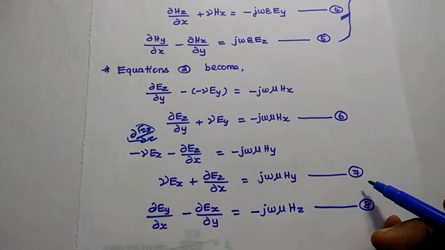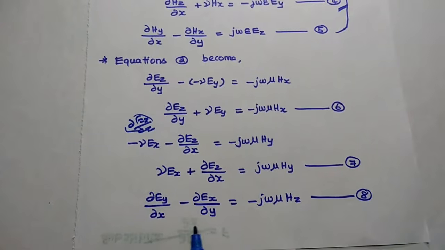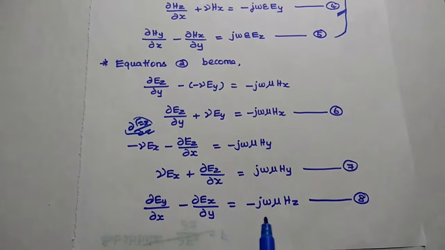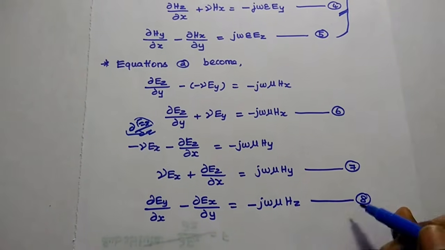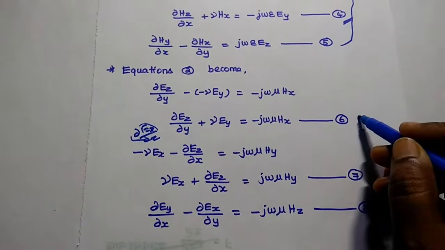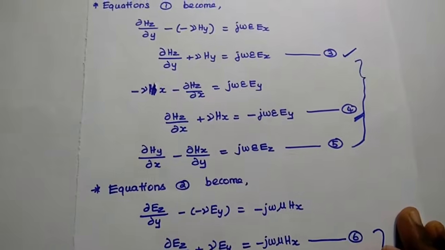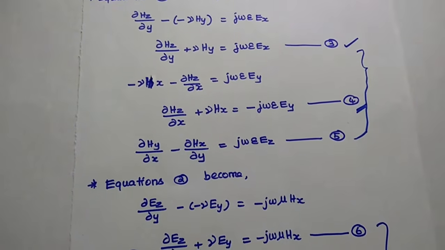Consider this as the seventh equation. And the last one, there is no change. We can simply write as such ∂Ey/∂x − ∂Ex/∂y = −jωμ Hz. Consider this as the eighth equation. So these eight equations are very important to derive the field components of a rectangular waveguide.